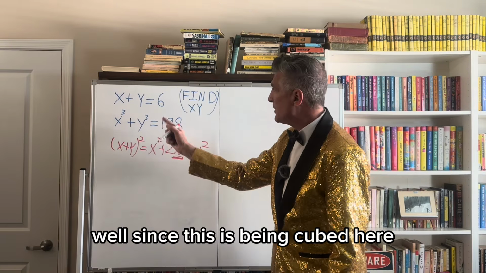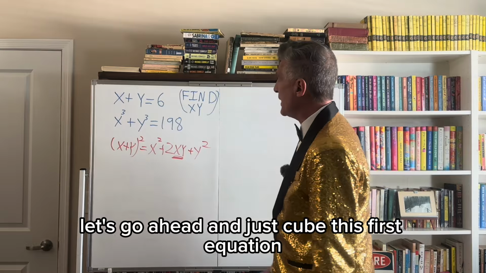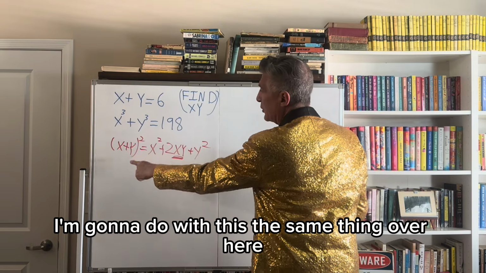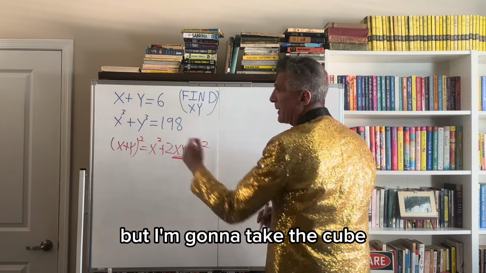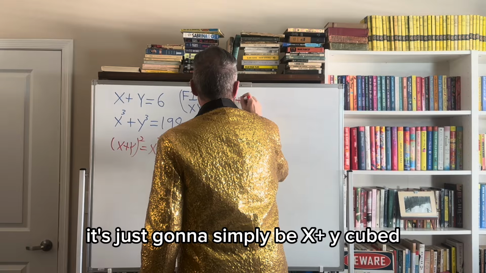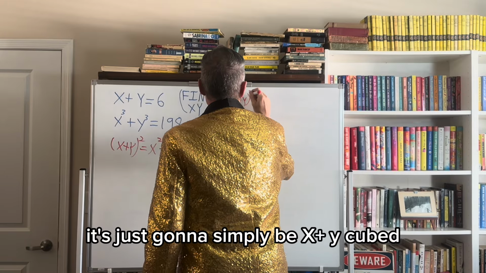Since this is being cubed, let's cube this first equation, the x plus y. I'm going to do the same thing over here, but I'm going to take the cube. It's simply x plus y cubed.